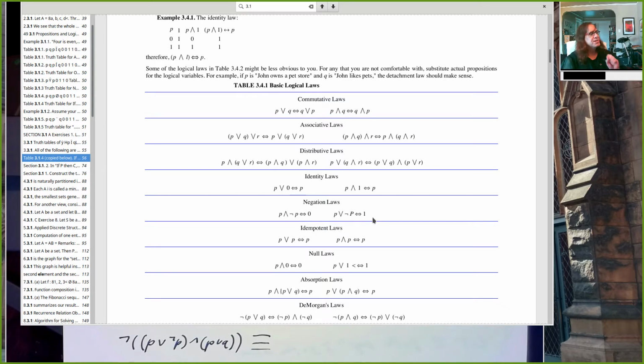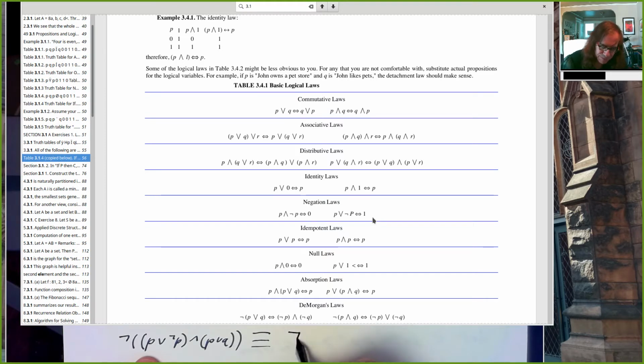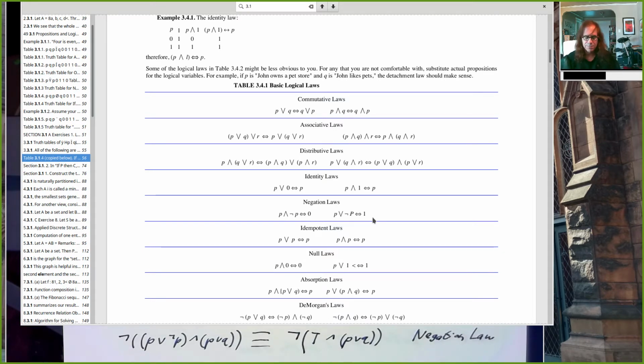So negation says we can replace p or not p with 1 or with true. So this is equivalent to, I'm going to use true, ANDed with p or q. And that's negation law. All right, well, I'm going to keep going.